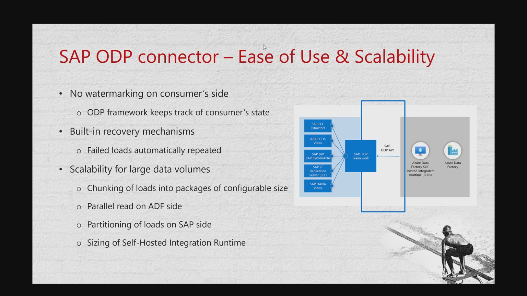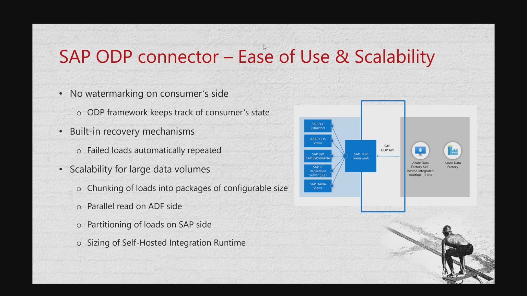And the last point, when it comes to scalability, well, there are many aspects to this. First of all, ODP provides the data in packages of a configurable size. So even if you have a huge data load which you want to run, you can specify that you want to chunk it into packages of some size.